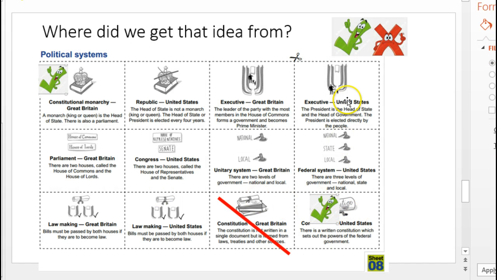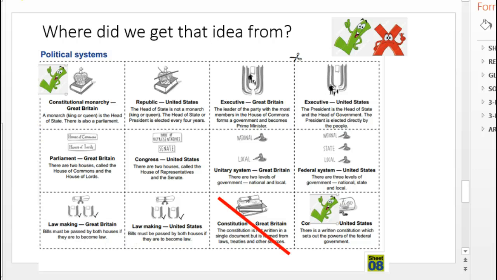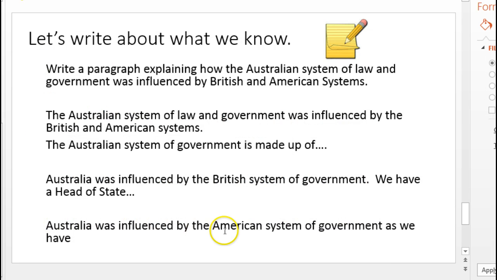Go and find where you've got United States and a green tick next to it. Okay. So here's one. We have 2 houses, House of Representatives and House of Senate. Okay, so you would be writing Australia was influenced by the American system of government as we have 2 houses of Parliament, the House of Representatives and the House of Senate.